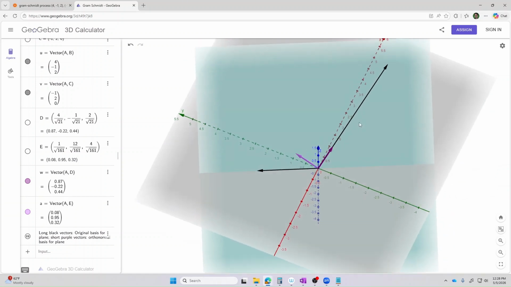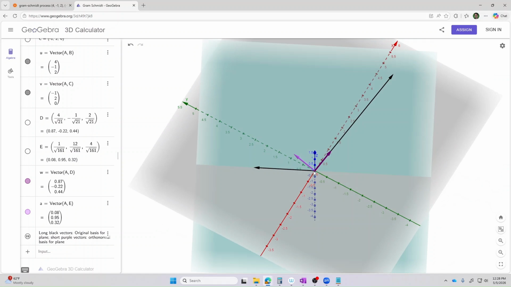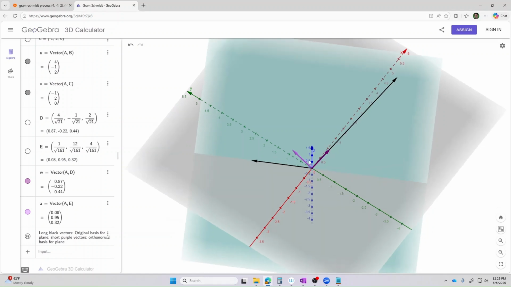So now you can see the purple basis that we have found is orthonormal. Both of the vectors have a length of 1 unit, and we can see that the vectors are sitting perpendicular to one another. So we've taken this old basis and replaced it with this nice orthonormal basis instead.